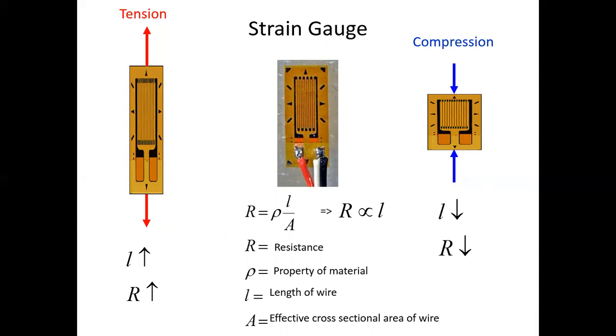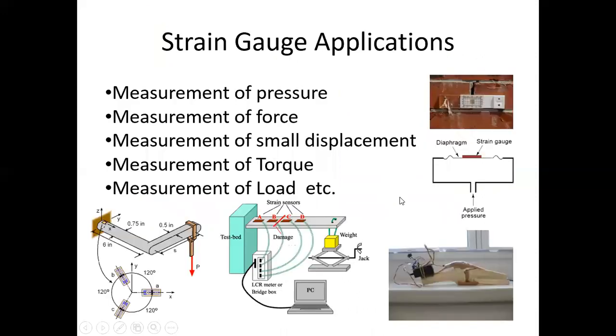L is the length of the wire and A is the cross-sectional area of the wire. As the length decreases, the resistance of that object decreases. Means according to the change in length, the value of resistance will change, and according to that we can measure the strain.